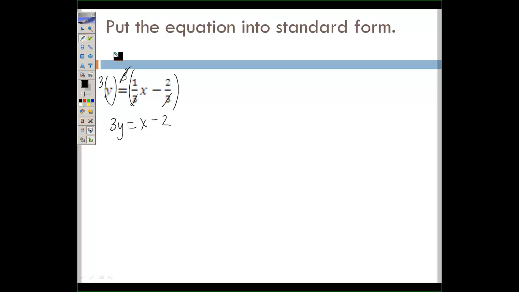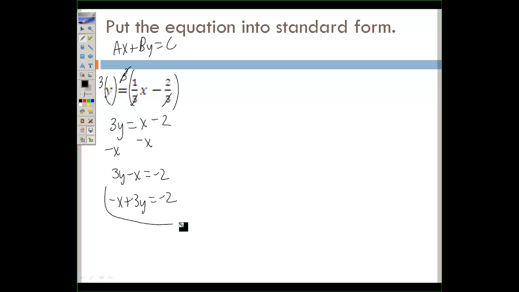X needs to be over here with y because my standard form states that I need ax plus by equals c. So the next thing I do is subtract x. Finally, I need to have my x first, my y second, and my constant third. This is the same equation in standard form.